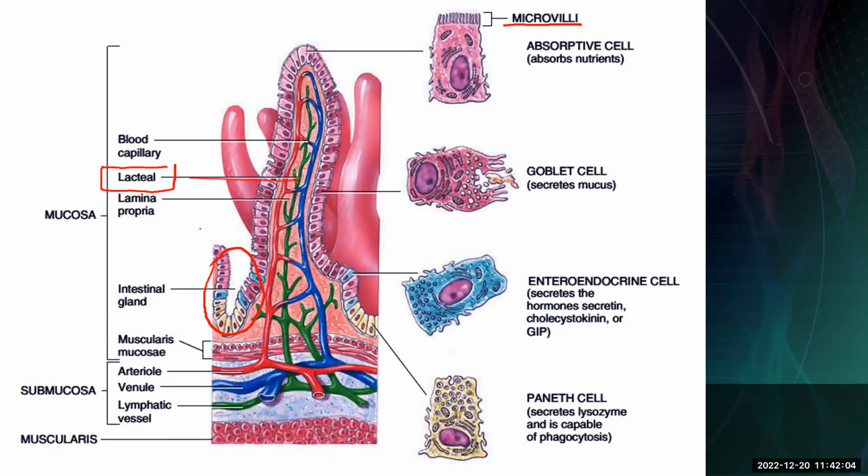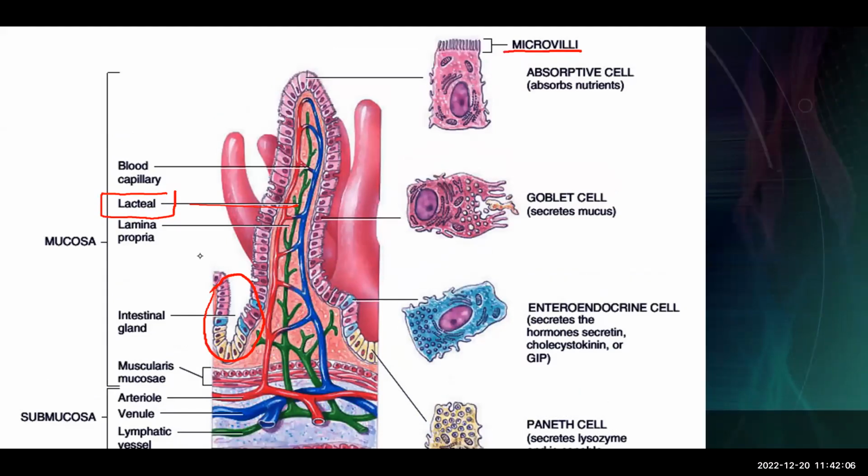Okay, then if we look, what are the cells like in the intestine? Most of the cells are important for absorption, right? They also have cells which produce mucus.